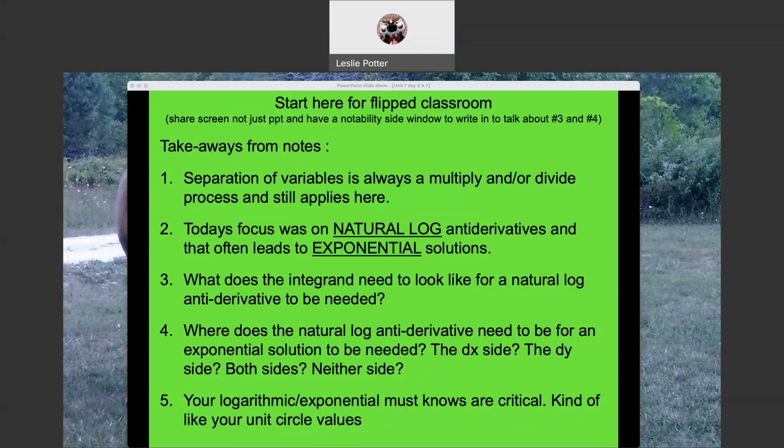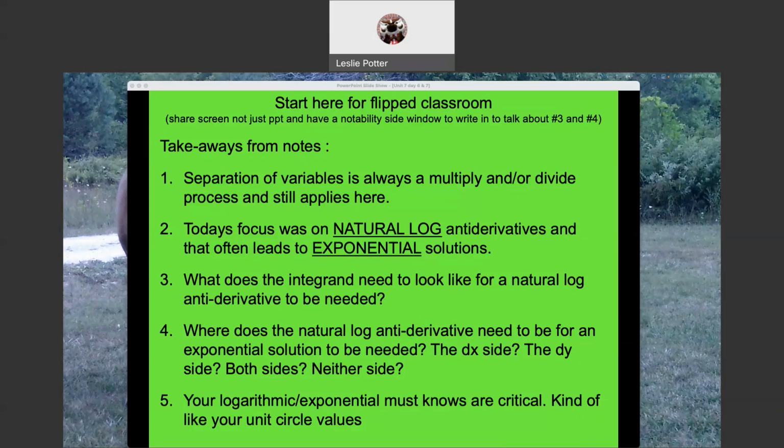Today's notes focus was on natural log and antiderivatives that lead to exponential functions. So we've got to get comfortable with when we have ln(y) equals x squared plus, I'll say, c. At that point, we put in our initial condition and find a value.